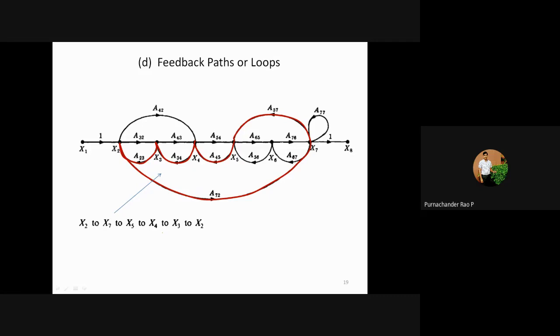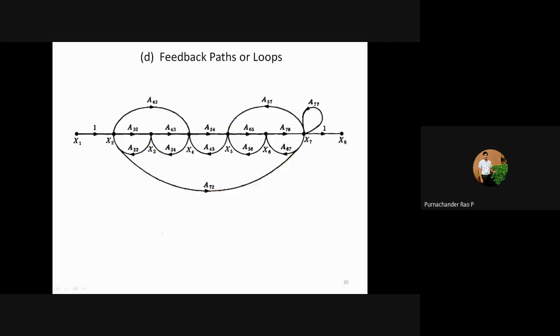Just like that, when you are going for the signal flow graph method, we need to find out all possible loops. And next, there is also another loop here. So like that, you have to see all the loops.